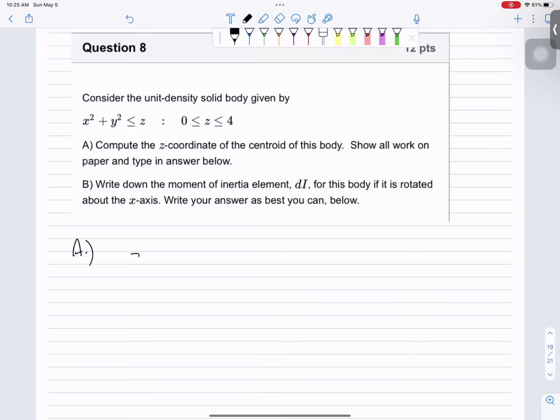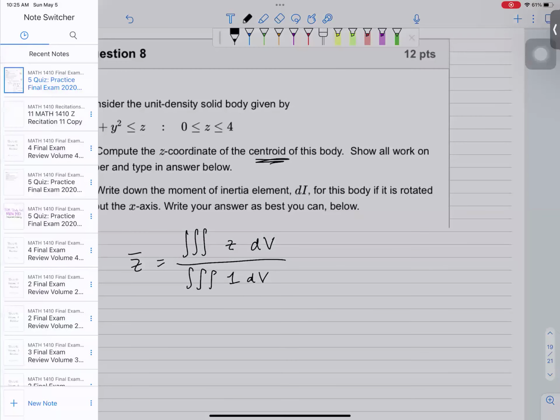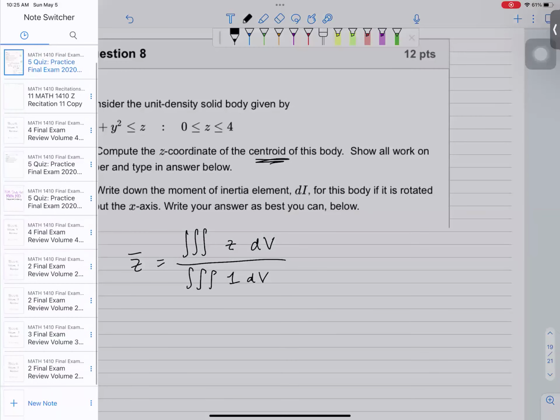All right, let's remember what the centroid formula is. It's z bar equals the triple integral of z dV over the triple integral of 1 dV.